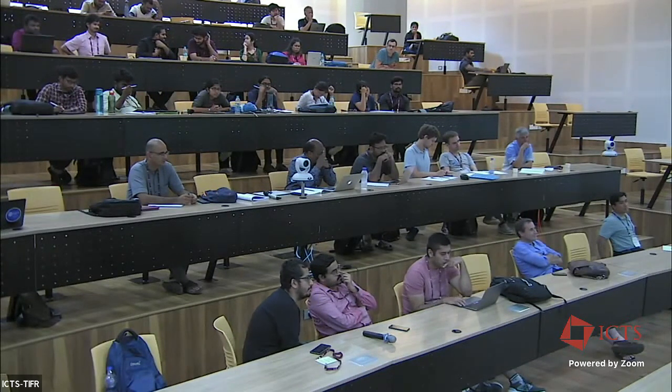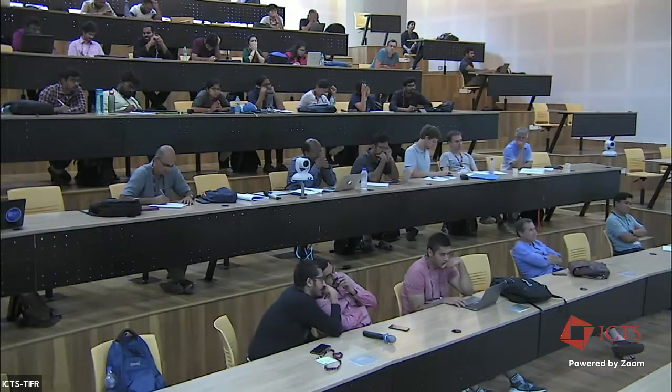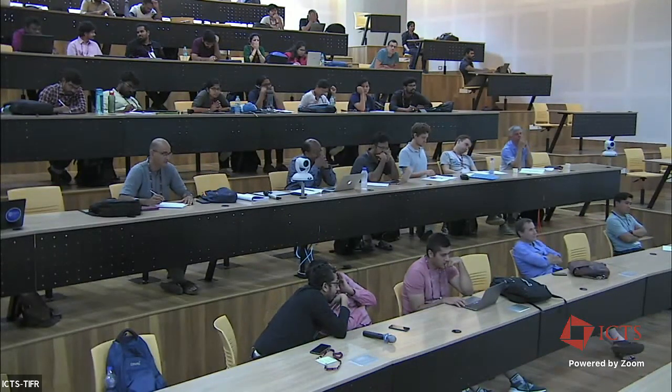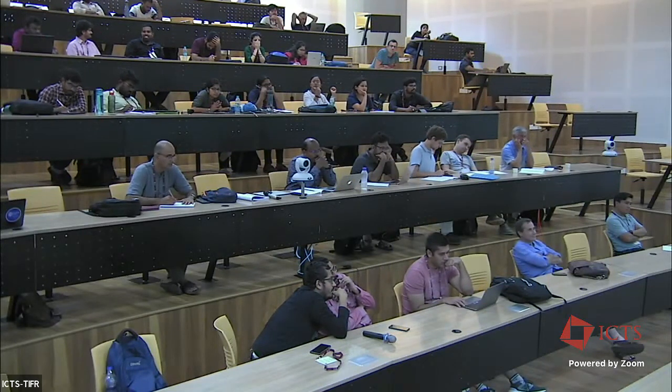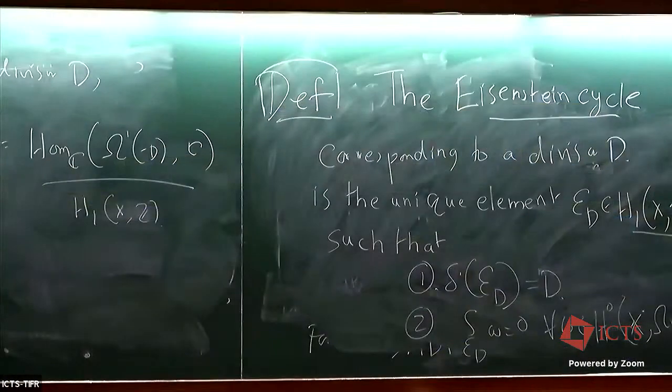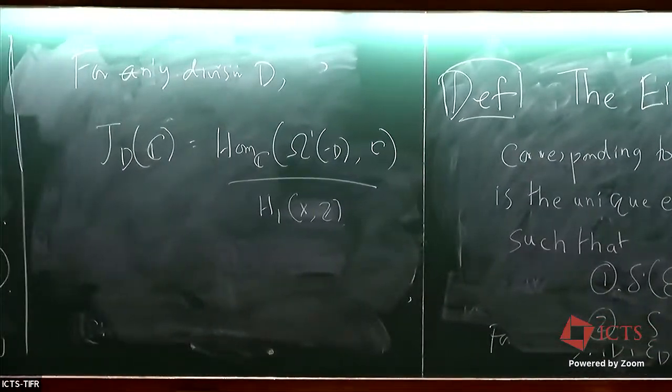Okay, so for every divisor D, you can look at this C, this D, H1 of X, Z. Our actual statement is in terms of these generalized divisors.